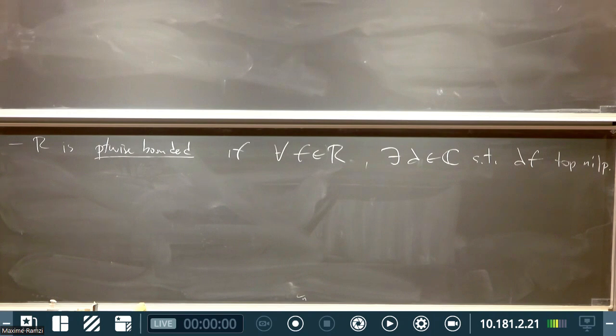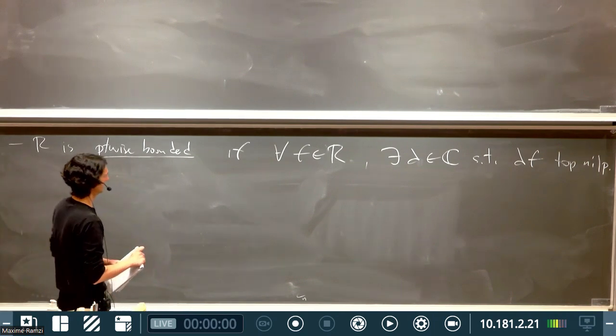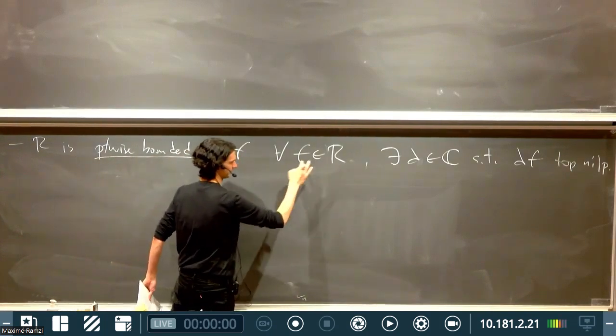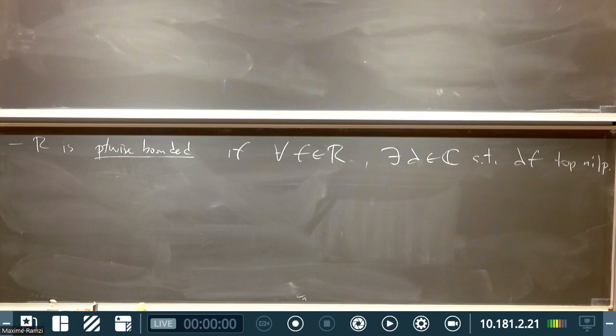So if you can always multiply by a scalar so that you get something topologically nilpotent, meaning the powers tend to 0, then you're called pointwise bounded. And it's pointwise because we're only talking about specific points in R, or elements in the underlying thing, and not S-valued families of points, like plugging in a general light condensed set there.